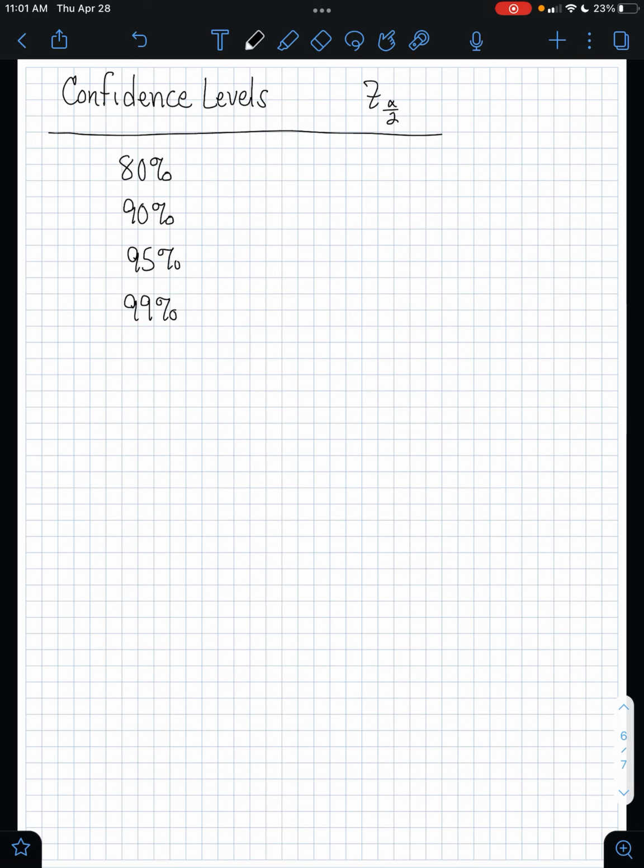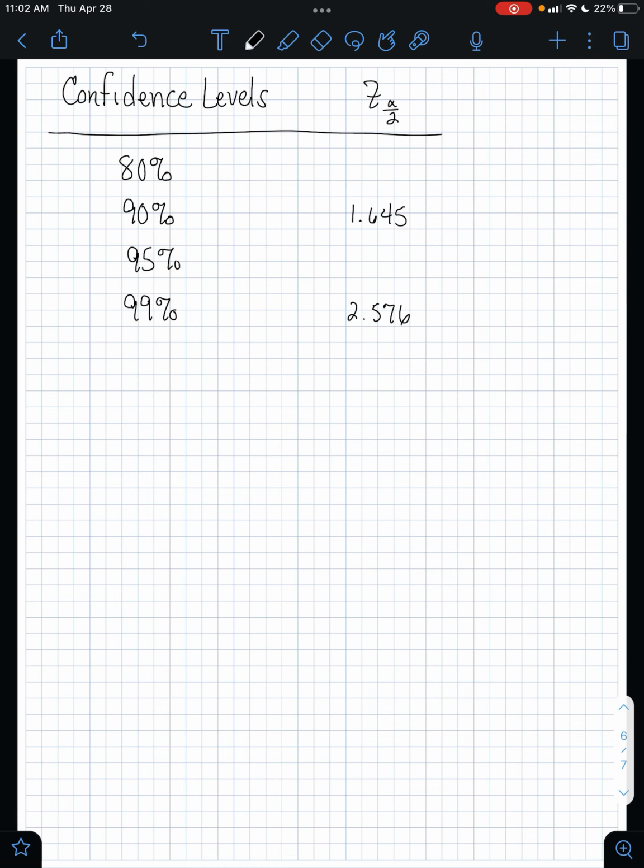Now, we've already done 90 and 99 a couple of times. The z-score for 90% came out to be 1.645, and the z-score for 99% came out to be 2.576. And again, this is going to be the same for every single problem that has a 90% confidence level or a 99% confidence level, because the z-score is entirely based on the confidence level and nothing else.